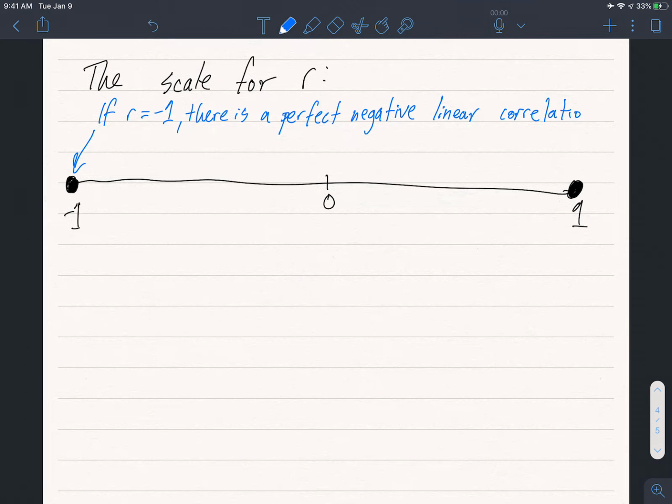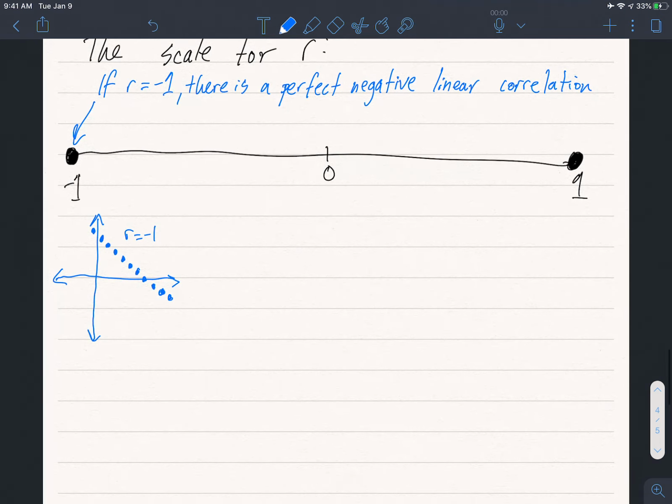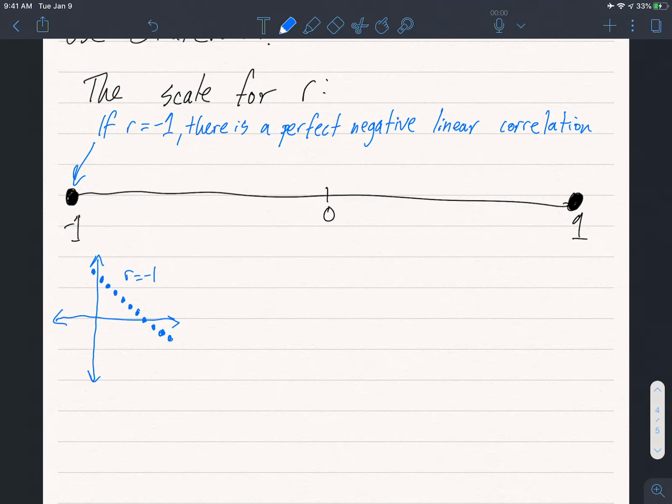So if you calculate R and it says R is equal to -1, what that means, I'll show you in a picture down here, is you have a perfect negative linear correlation where the dots in your scatter plot are going to look like a perfect negative line. That negative relationship meaning it's pointed downwards, but they're going to be perfectly on a line. That would have an R equals -1. Keep in mind, this is handwritten, but let's imagine that's a perfect negative line. That would be an R equals -1 scenario.